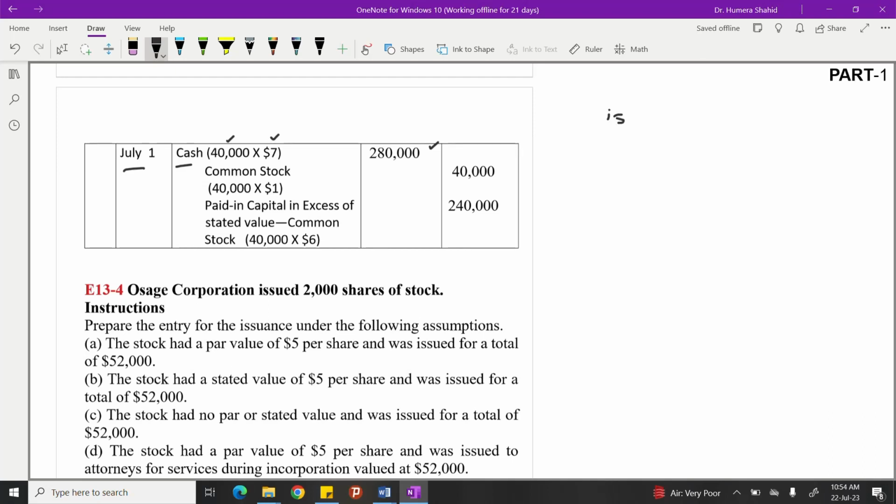Now, issue price is $7, but the stated value is $1. So how much excess? $6 is excess. Okay, so common stock gets credit because of stated value $1 each, so that comes up to 40,000. Excess was $6, so 40,000 shares each give an excess of $6. So paid in capital in excess of stated value, common stock, that is 240,000.